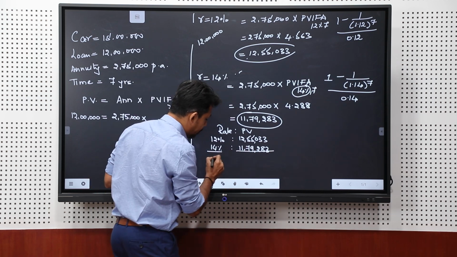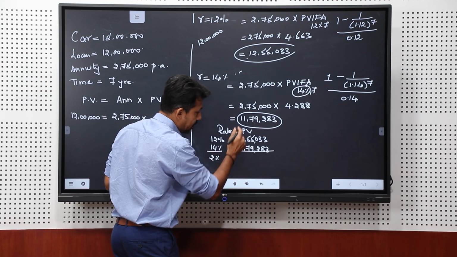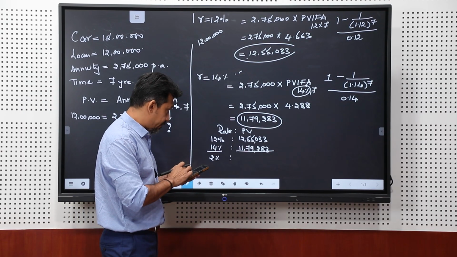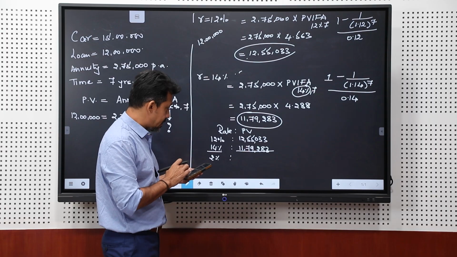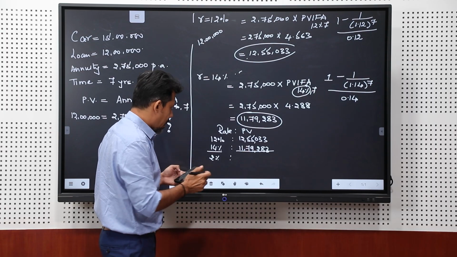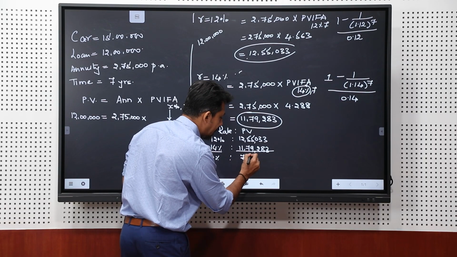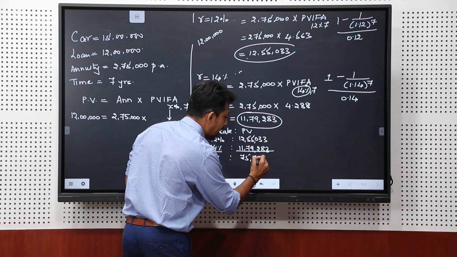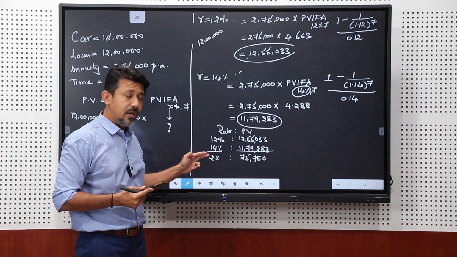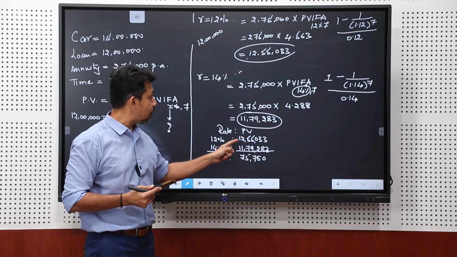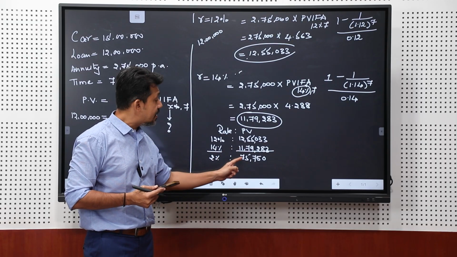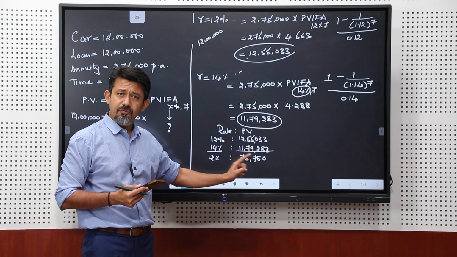For a change of 2%, the change in the present value is 12,55,033 minus 11,79,283, which gives me 75,750. So when my rate of interest changes from 12 to 14, my present value changes from 12 lakhs to 11 lakhs. Basically, a 2% change results into a 75,750 change.